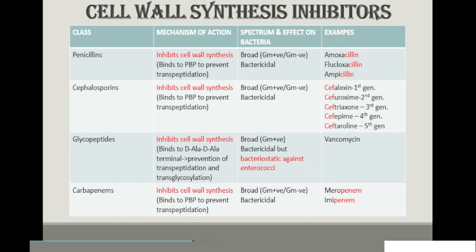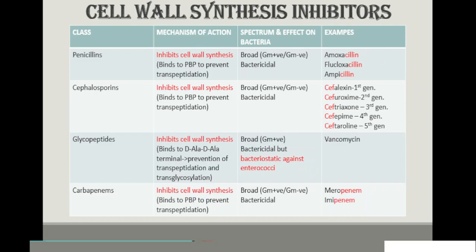They bind to the terminal group, which is the D-ala. By so doing, they prevent transpeptidation and transglycosylation. The glyco aspect prevents the transglycosylation, and the peptide aspect prevents the transpeptidation of the cell wall.